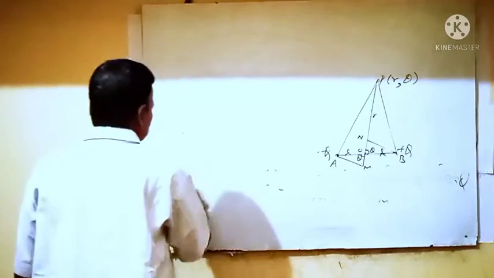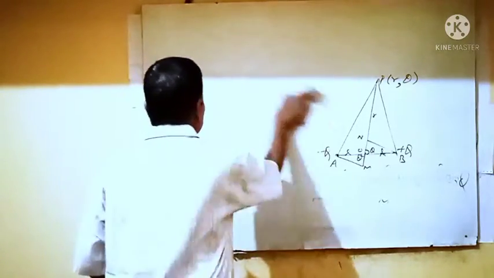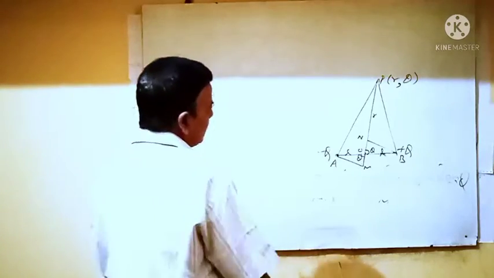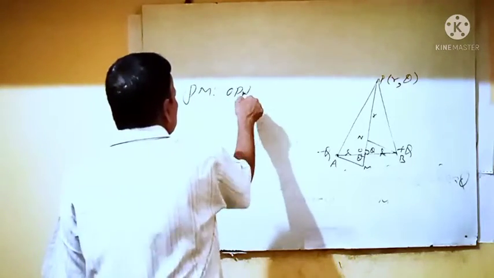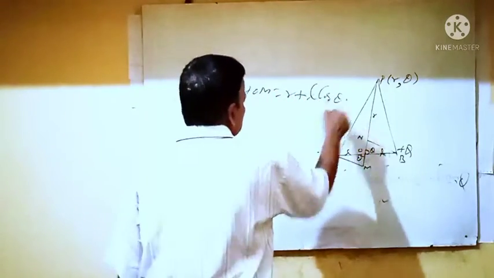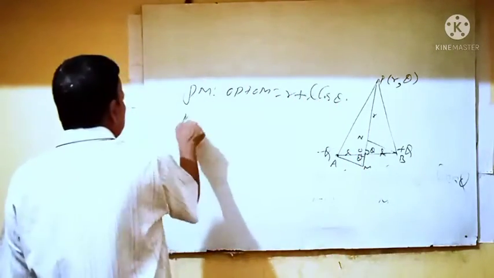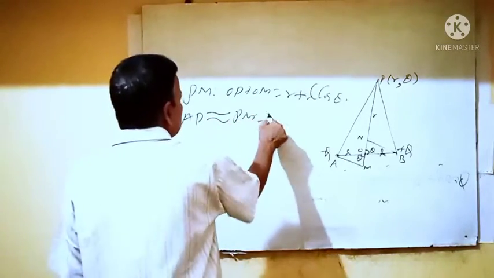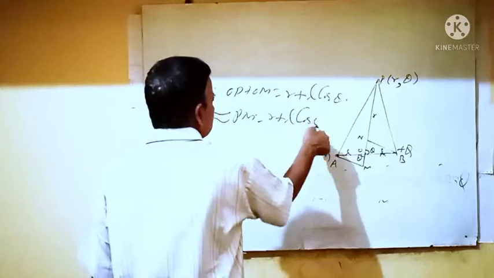PM is equal to OP plus OM, which is r plus l cos theta.